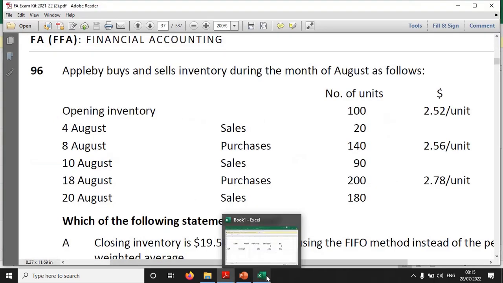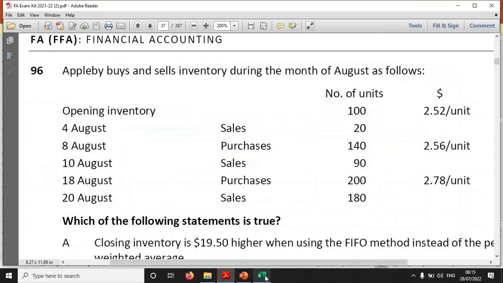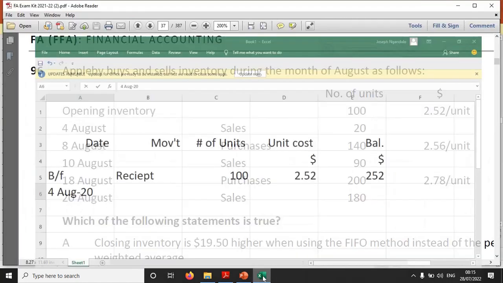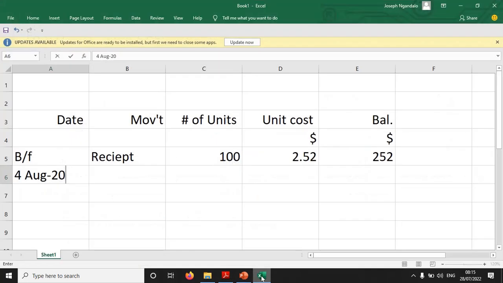On the 4th of August, right? 4th August. 20 what? They didn't give us. 20 what? Oh, they didn't give us. Okay, so she said XX. There was an issue, right? How many units?